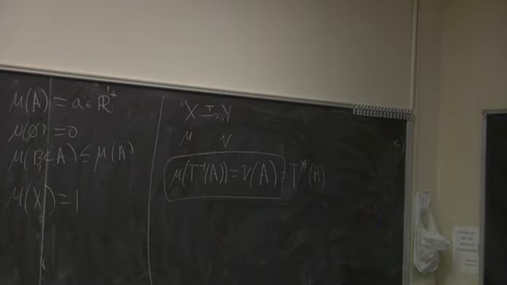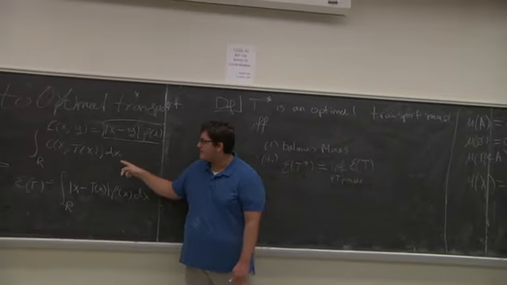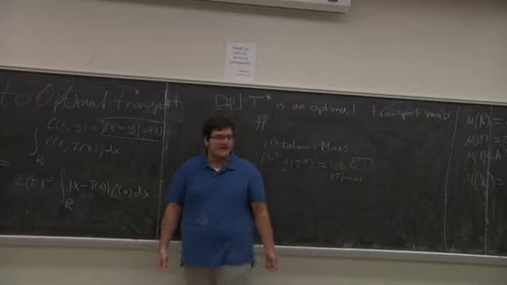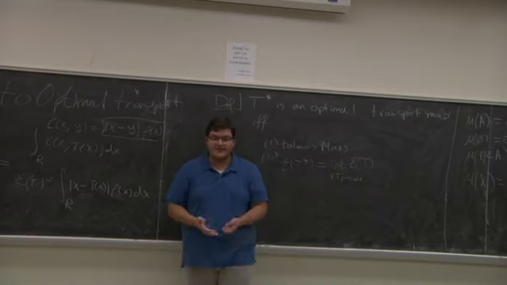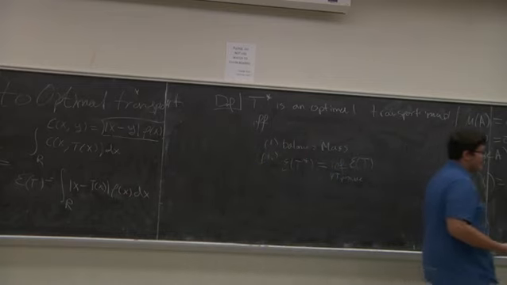We multiplied the distance, which was part of our cost, by the mass, and then integrated. Really, we took into account the density. By multiplying by the mass, we took into account that some parts are heavier and some parts aren't. But whenever we have these measures and we're integrating with respect to them, that happens automatically. We automatically multiply by how much is there and how much isn't. And so we don't have to do that anymore.